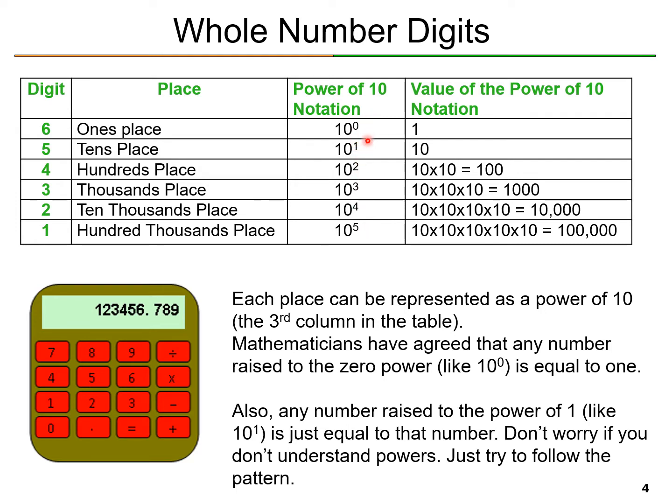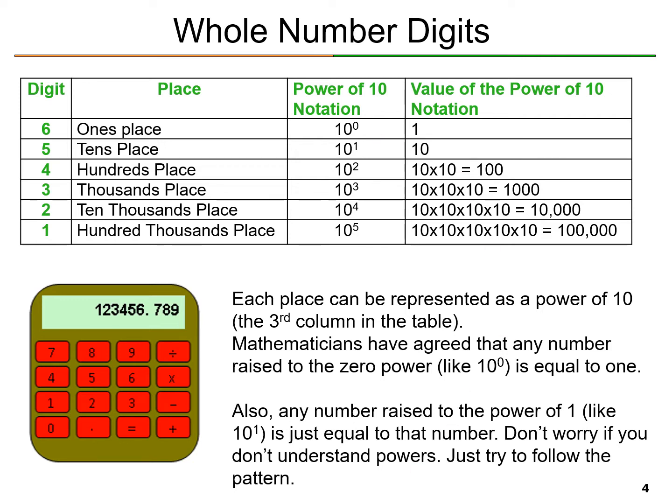The thing that's different is the power or the exponent. So this 0 is a power or exponent. So in the ones place, 1 is the same as 10 to the power 0, because any number written to power 0 is equal to 1.